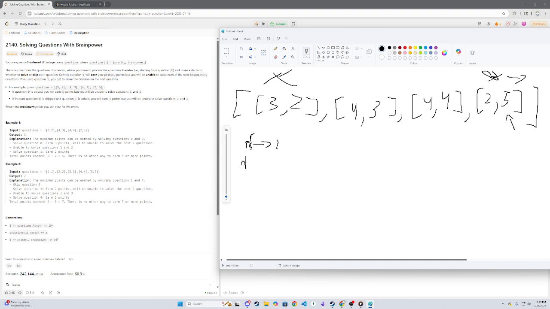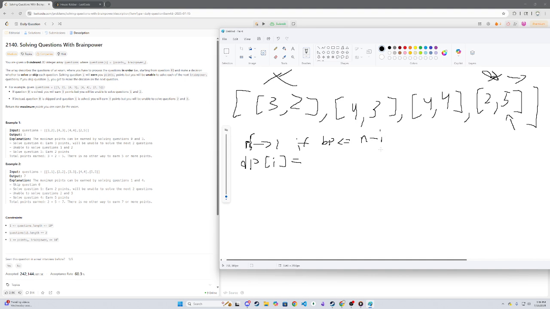And we could say dp of i is equal to, if i plus brainpower is less than or equal to, let's just say, n minus i.